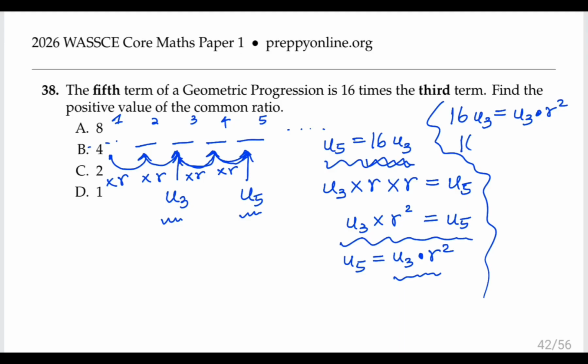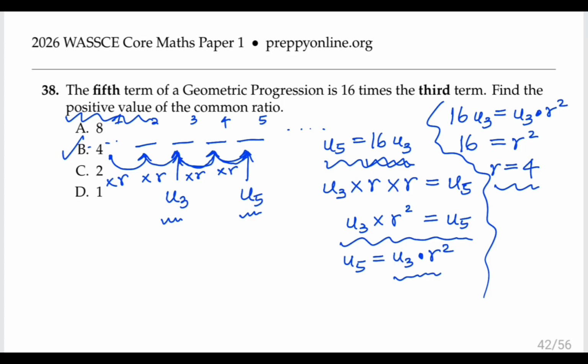That gives us 16 equals r squared. Now, if 16 equals r squared, then r must be equal to 4. It can be plus or minus 4, but we've been asked to find the positive value. So we only care about plus 4. So r must be 4. That gives our answer as B.